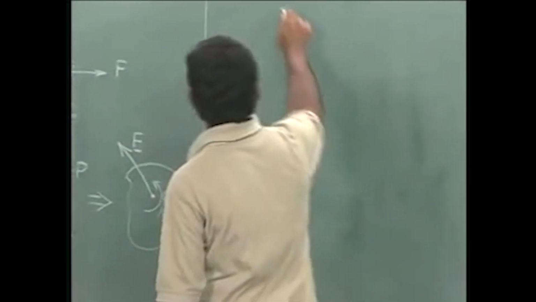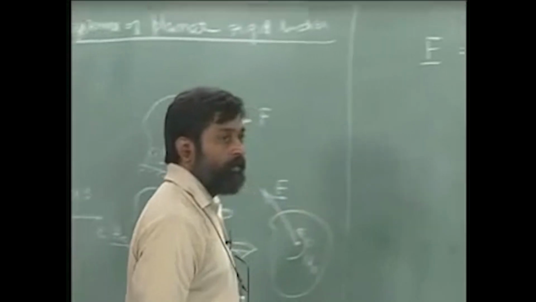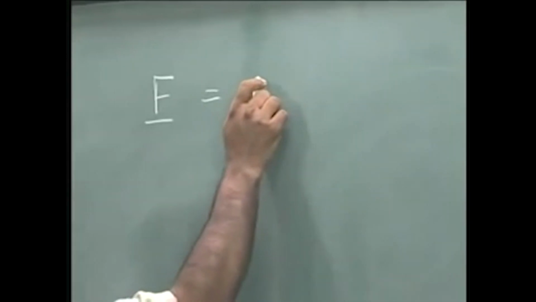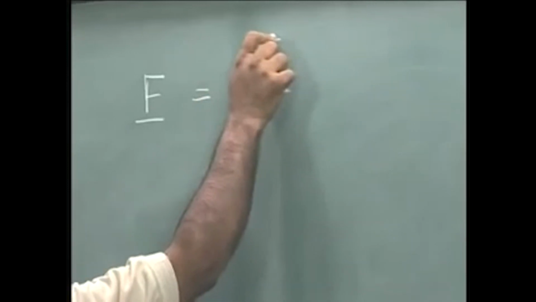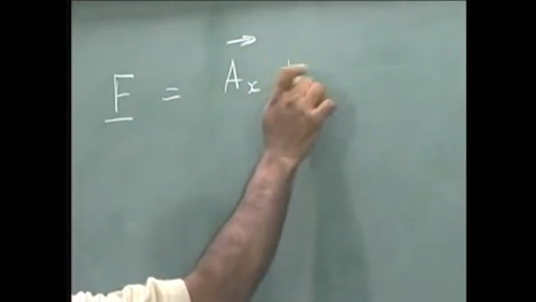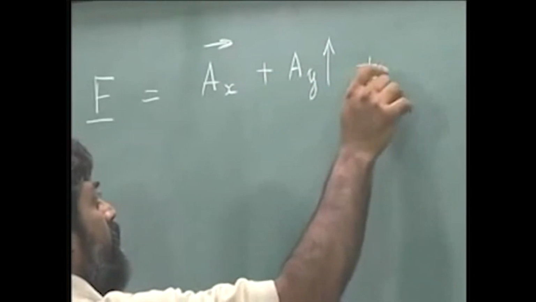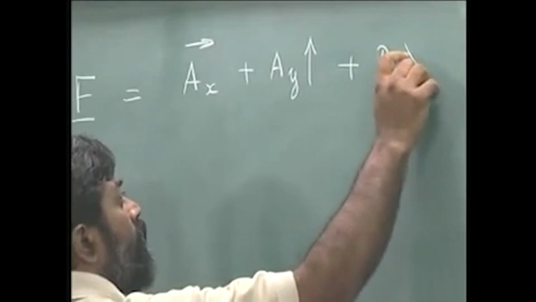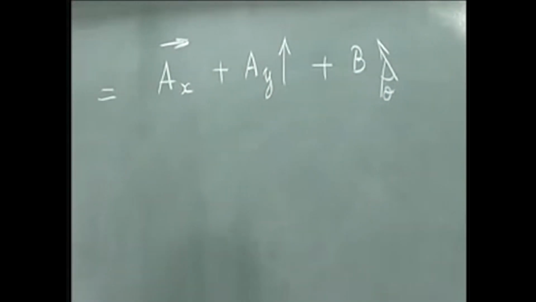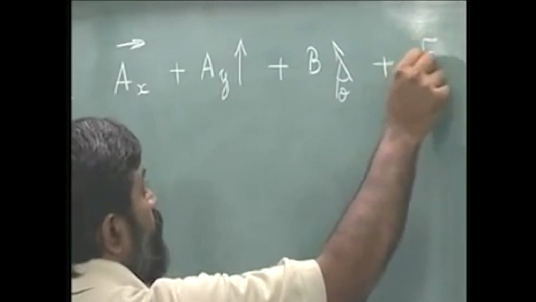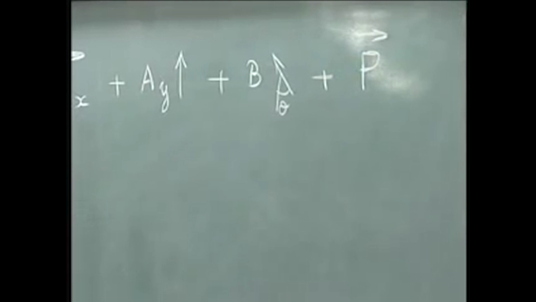How do we write F? F is nothing but we have these forces Ax acting along this direction, plus Ay acting along this direction, plus B, which is acting along a direction that is theta to the vertical, plus P, I am sorry, that is acting along the horizontal direction.